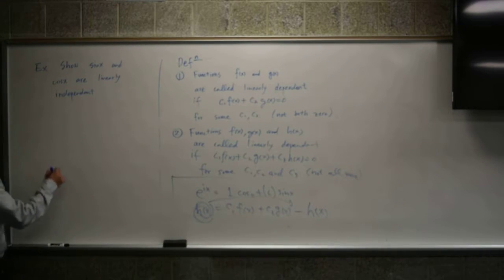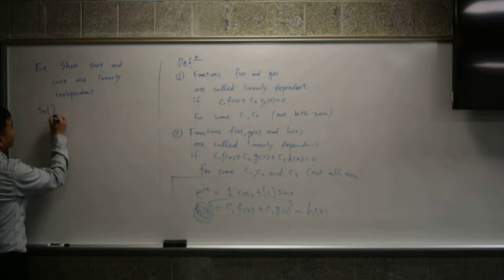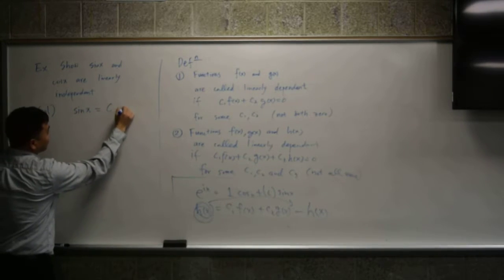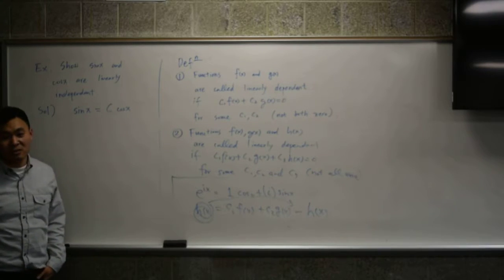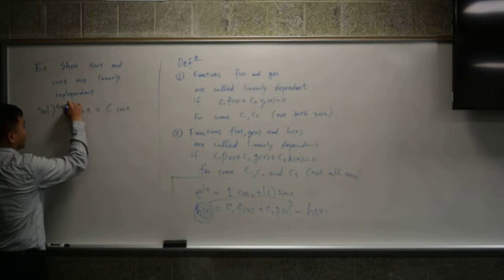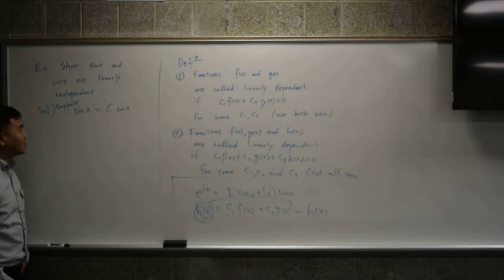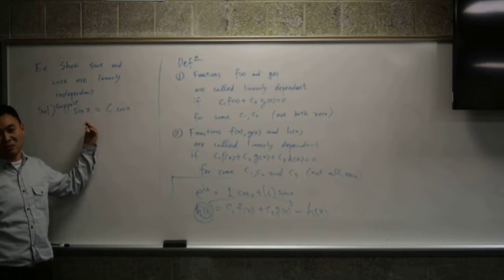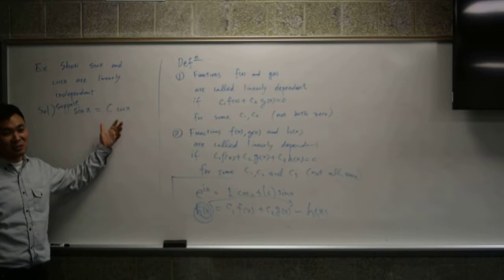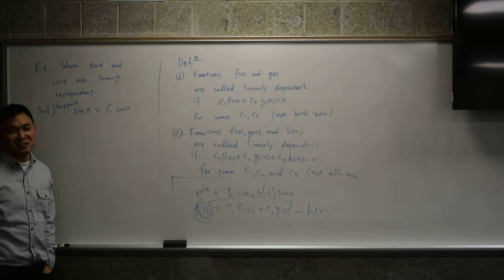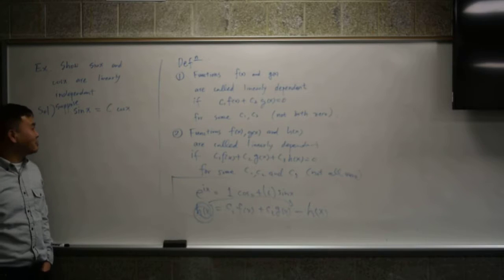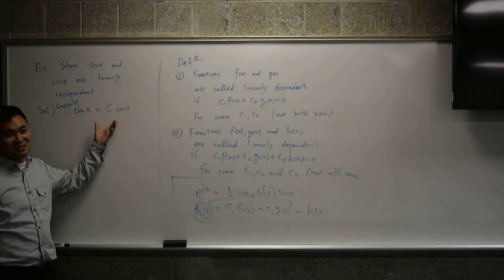Okay. So solution. Suppose sine x is some constant times cosine x. Suppose they are linearly dependent. So I should suppose. I mean, this is already ridiculous. We know that sine x is not a multiple of cosine x, right? Are we sure? Maybe we didn't know it so far, and it may turn out that this is true.